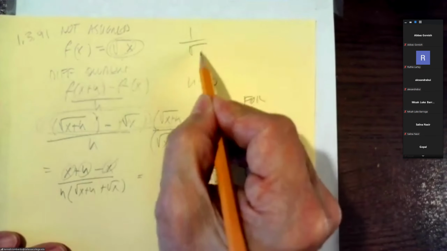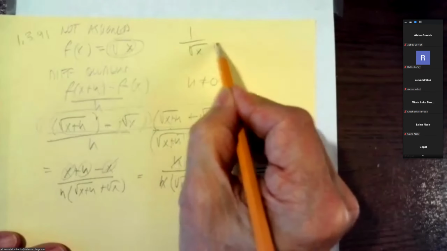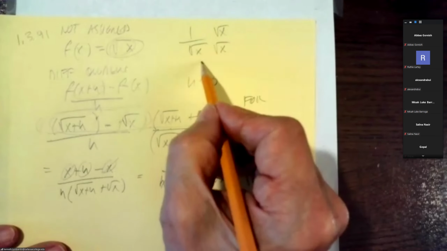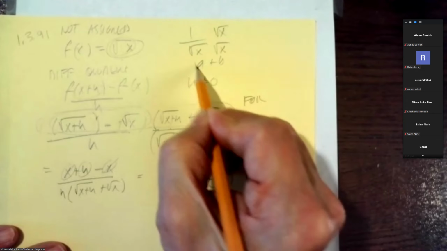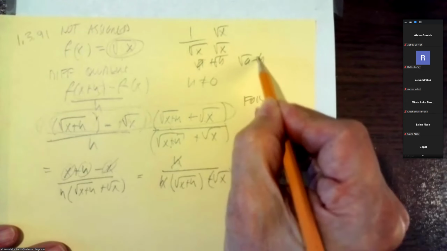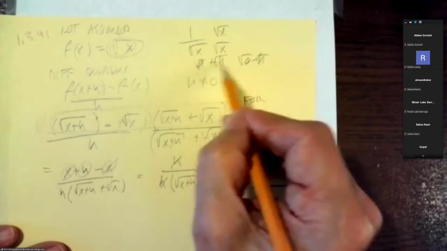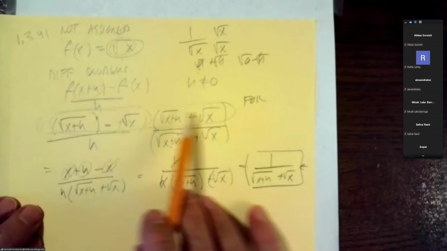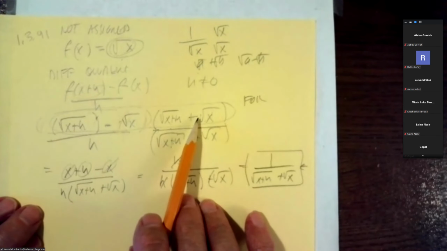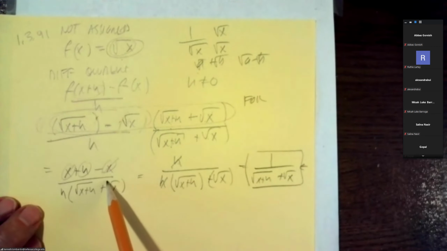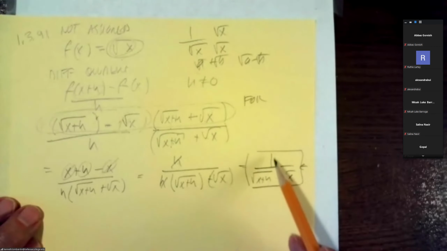If we have 1 over a radical, we multiply by the radical, and if it's an a plus b with radicals, we multiply by a minus b, and that gets rid of the radicals. That's the object, to see if we can get rid of those radicals. And when we did that and reduced it down and simplified, our solution ended up with 1 over root x plus h plus root x.